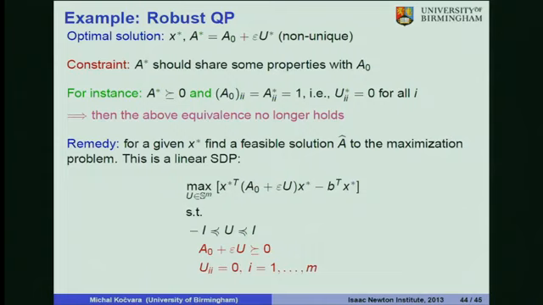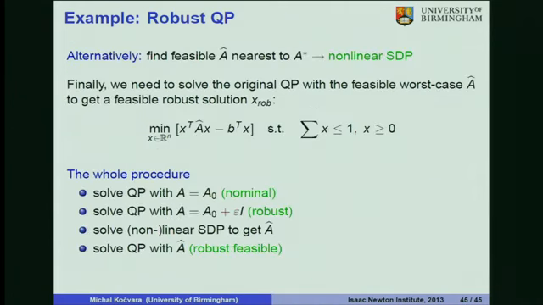But now we have this additional constraint, for instance, that the diagonal elements should stay the same as in the original matrix. So we can solve that linear SDP, or if you like, we can solve a nonlinear SDP, just trying to find, so we have that given matrix, we compute A star, and we try to find a feasible matrix with that new constraint, which is as close as possible to that in the least squares sense, for instance.